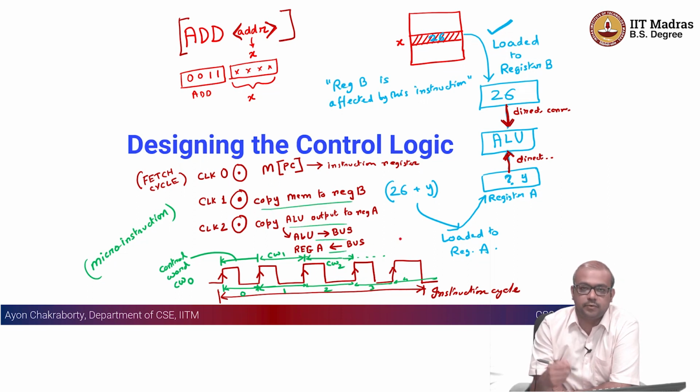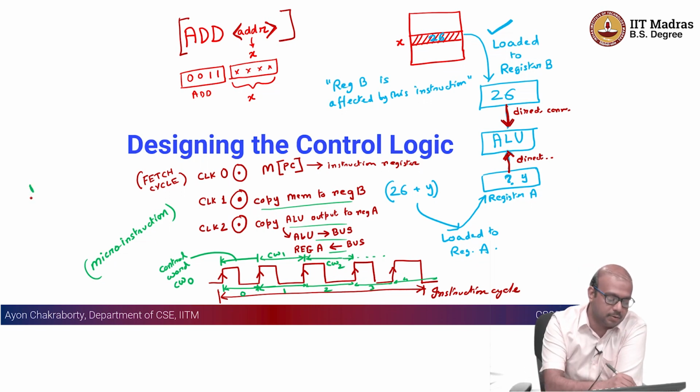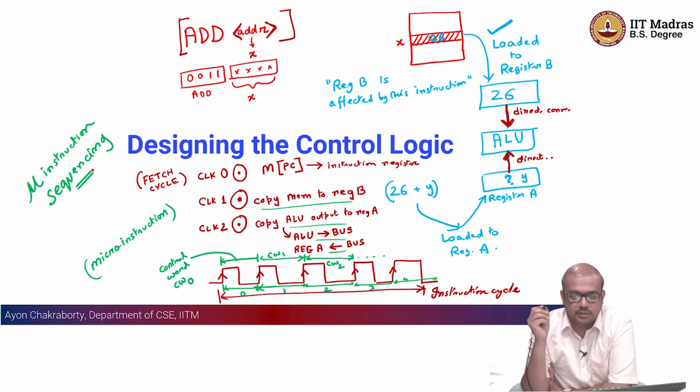Okay. This has to be of course codified in the form that the processor understands, but this is your micro instruction or a control word, and the sequence in which they are executed is called micro instruction sequencing. It is very important because the sequence really matters.